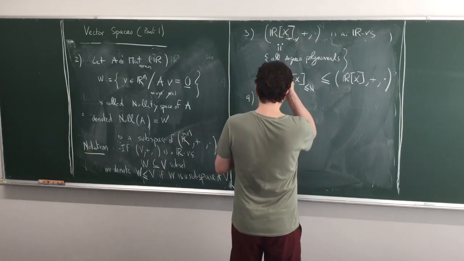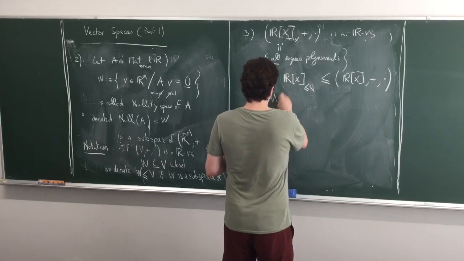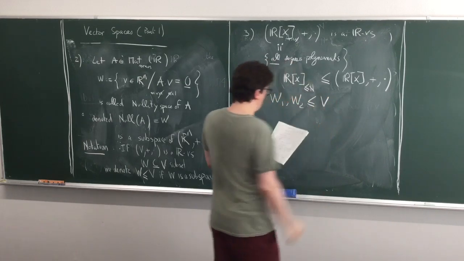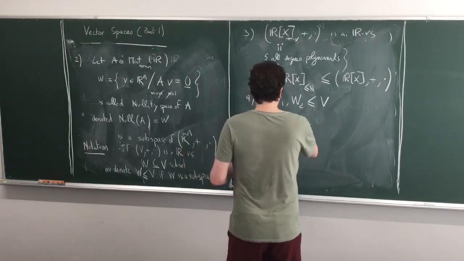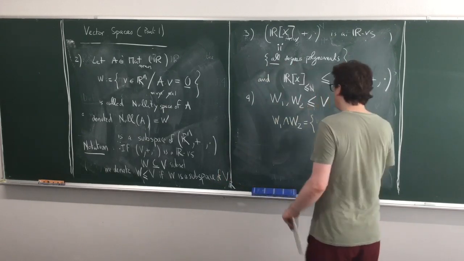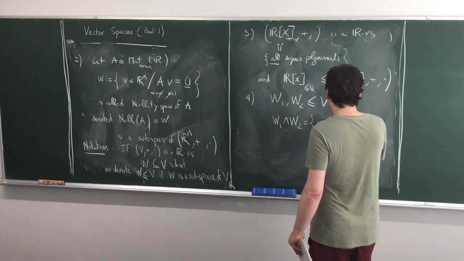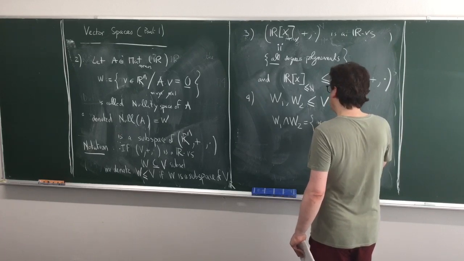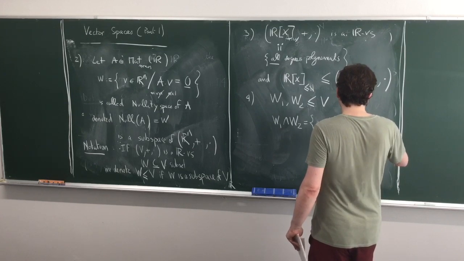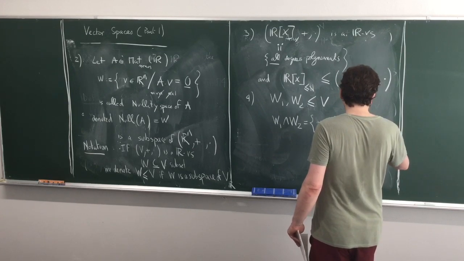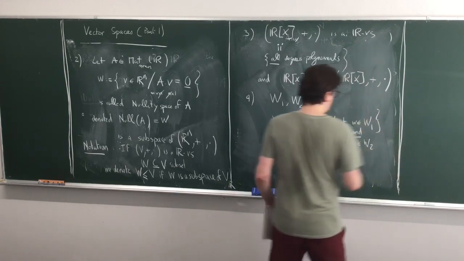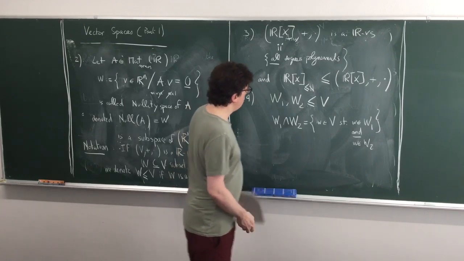How to make a lot of subspaces? For example, if you have W1 and W2 that are subspaces of V, then if you take their intersection, this means the set of w in V such that w belongs to W1 and w belongs to W2. This is called the intersection of two subspaces.